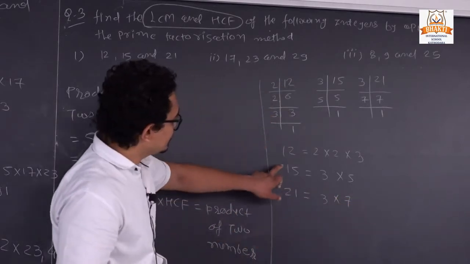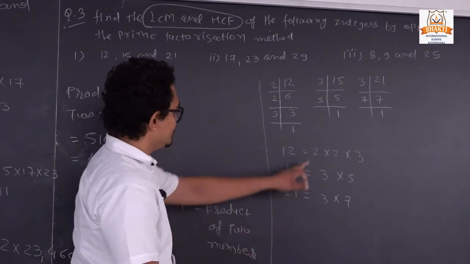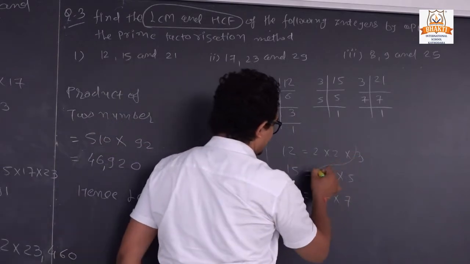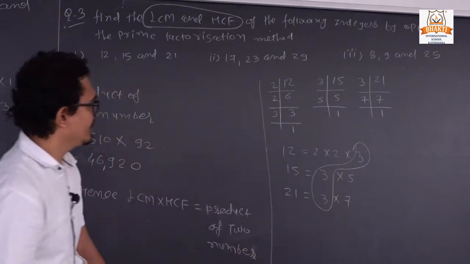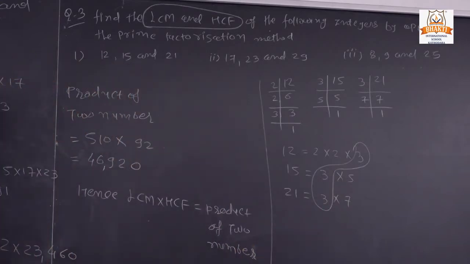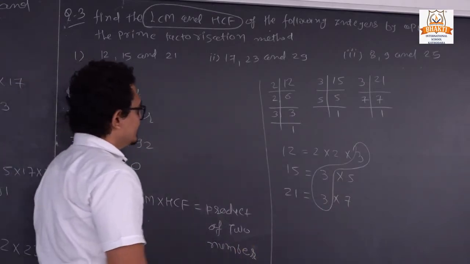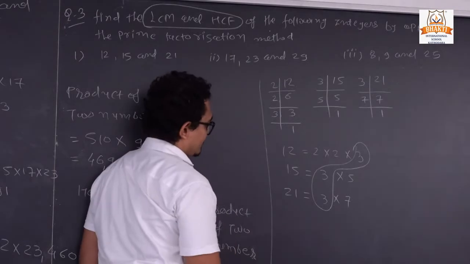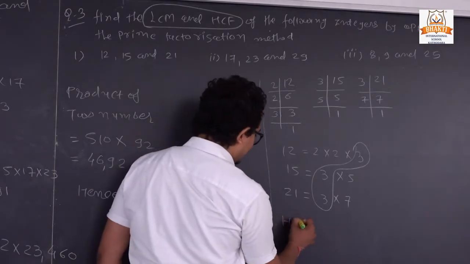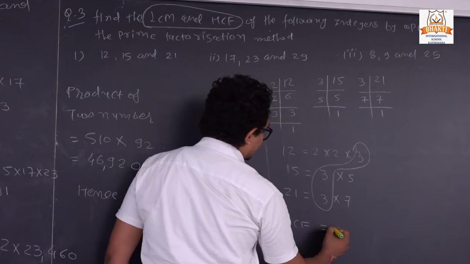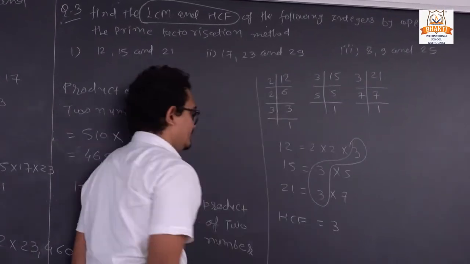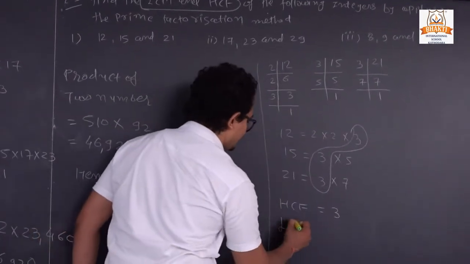So among these 3 numbers, which is the common? See here, 3 is common. 3 is a common number out of these 3 factorizations. So what is its HCF? HCF of these 3 numbers is 3. And what is its LCM?